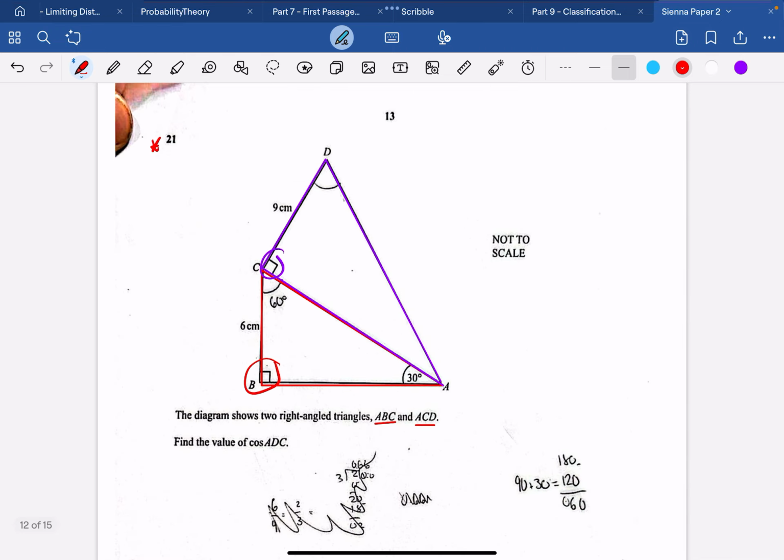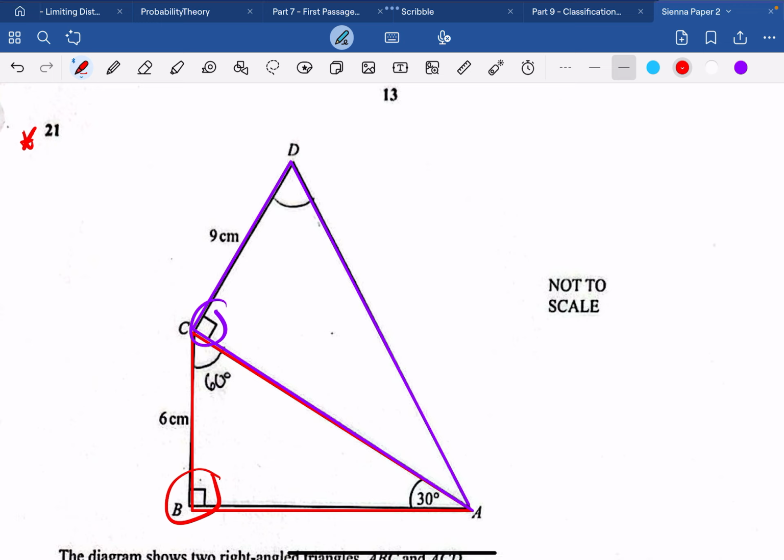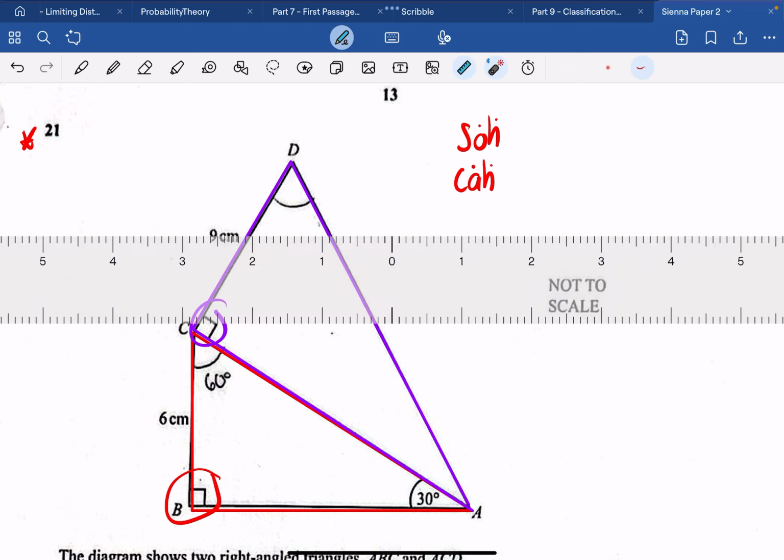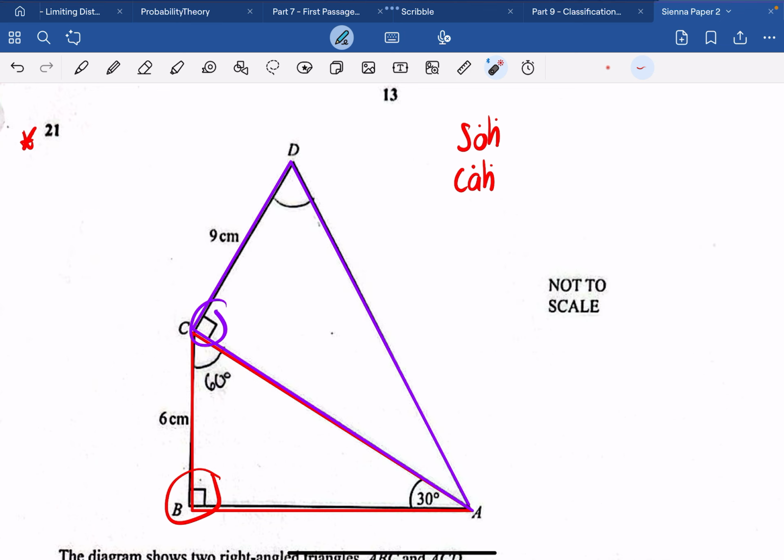Okay, so cos, I'd like to do SOHCAHTOA, so sine is opposite over hypotenuse, cos is adjacent over hypotenuse. So let's go to our triangle ABC, just to visualize what we have to do.